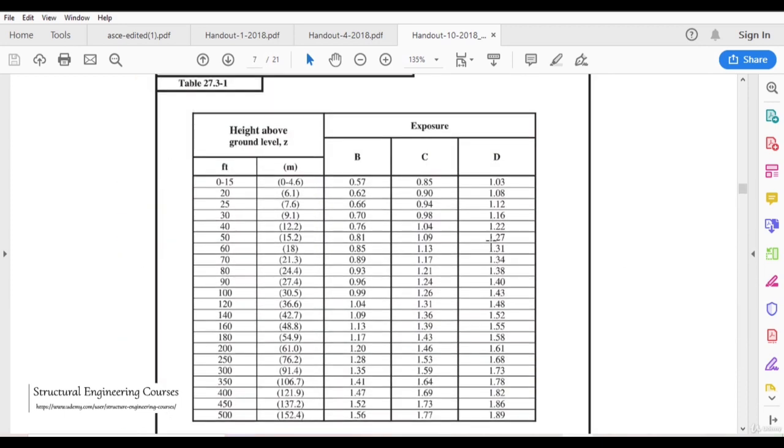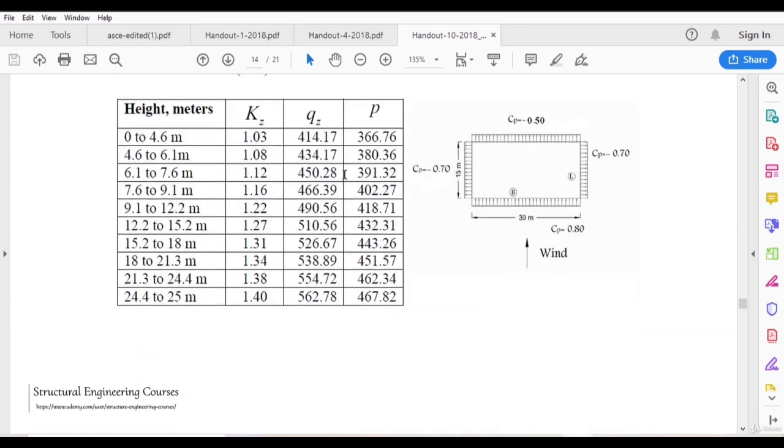So here we can see that for 0 to 0.46 it is 1.03. For 4.6 to 6.1 meter it is 1.08. So if we are talking about up to this value here, it should be 1.03, 1.08, 1.12, 1.16, 1.22. So we can go to the bottom table here. Here we can see that he has copied all the values here, and accordingly he has calculated the QZ.